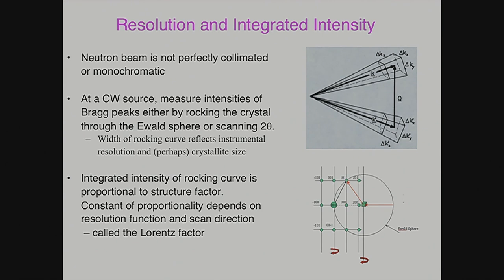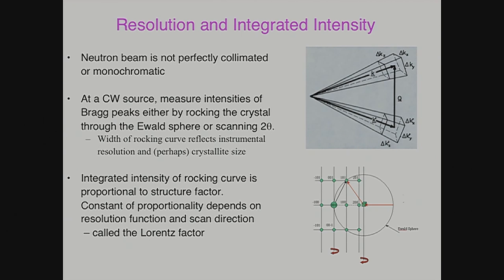So it's no good having a large error in this direction. You won't be able to measure the wave vector well. So you tend to collimate the beam very strongly so that this transverse direction of this box is small.